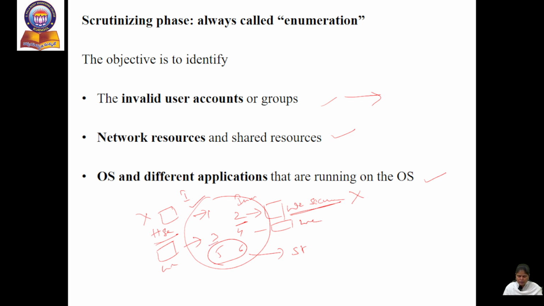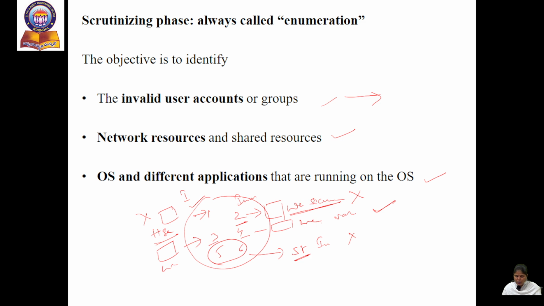Now he goes to the third and the fourth person. These two are weakly secured, and also they are valid users, so he goes with 3 and 4. These other people are strongly secured, and also they are invalid user accounts, so these two are ignored. So of all 6 people, the attacker will concentrate on 3 and 4.